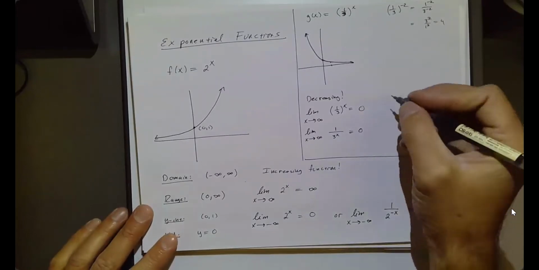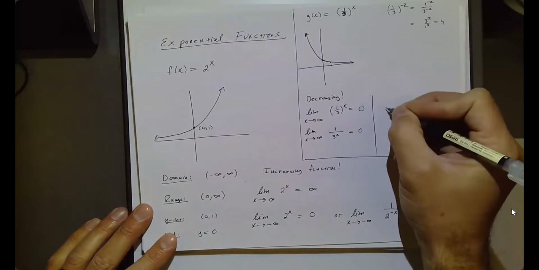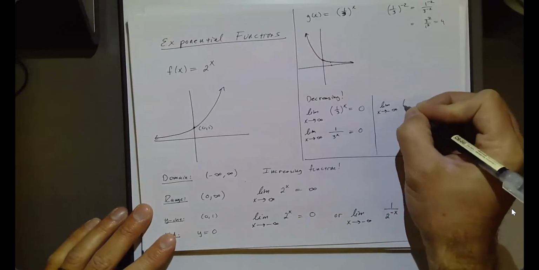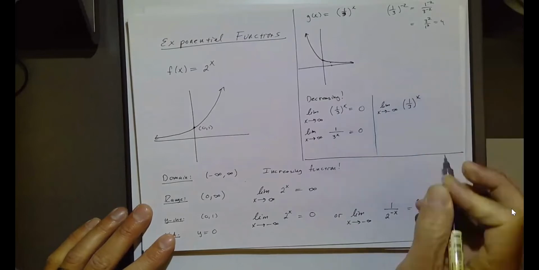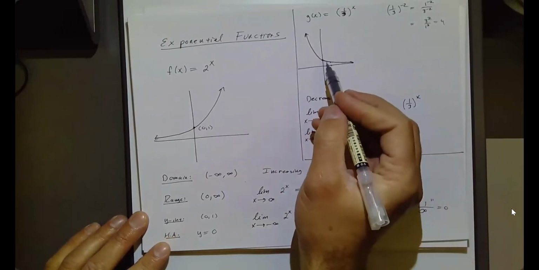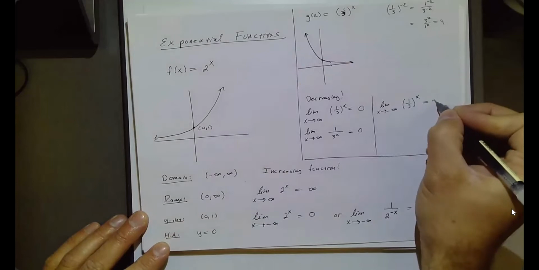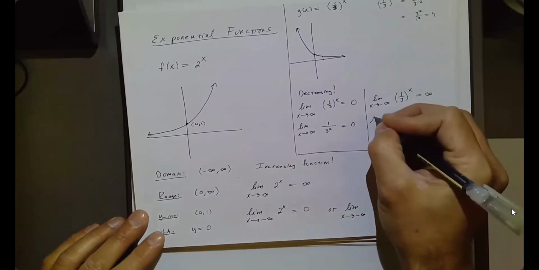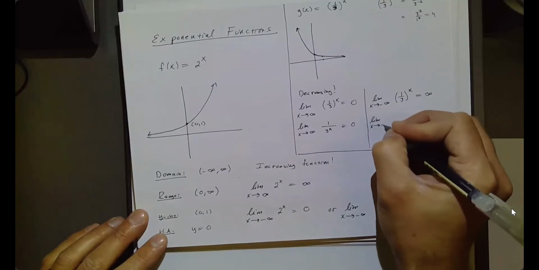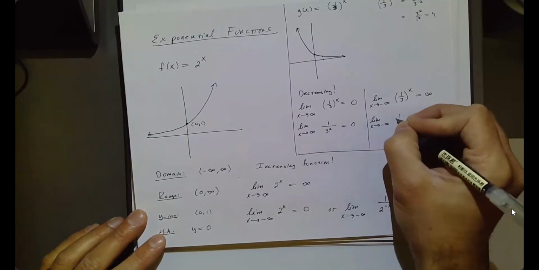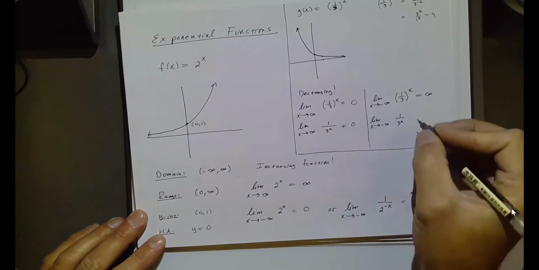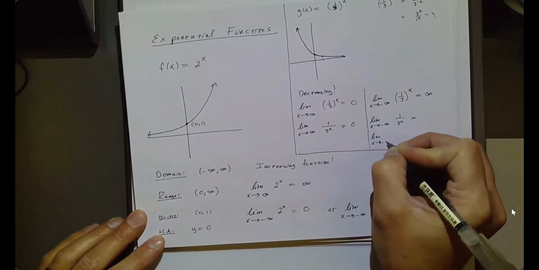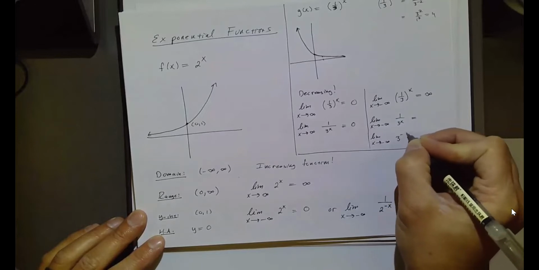On the other side of things, the limit as x goes to negative infinity of (1/3) to the x, graphically, we can see that it's getting infinitely large. But if you don't like that, we could rewrite it as the limit as x goes to negative infinity of 3 to the negative x.